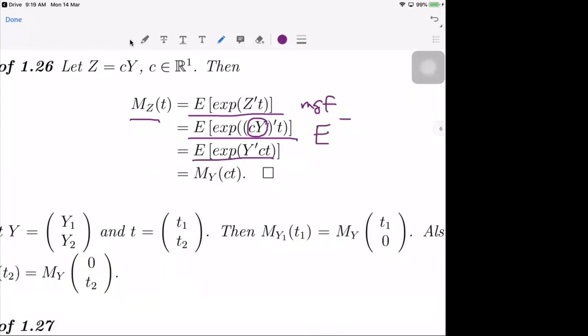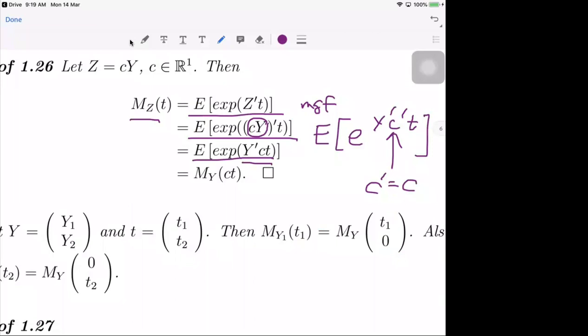So this is the expectation of e to Y prime c prime t. But c prime is just equal to c since that is just a constant. So you can write this as Y prime ct.